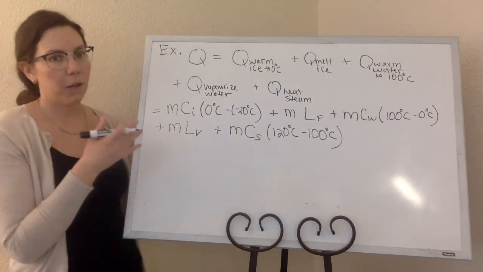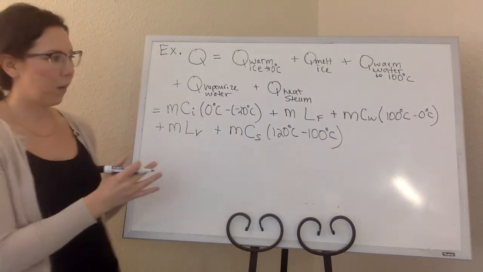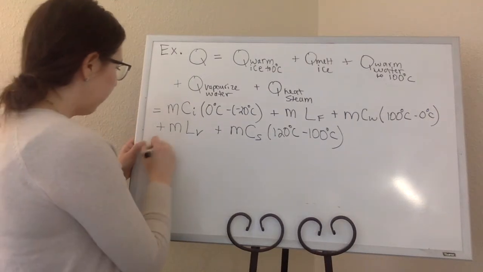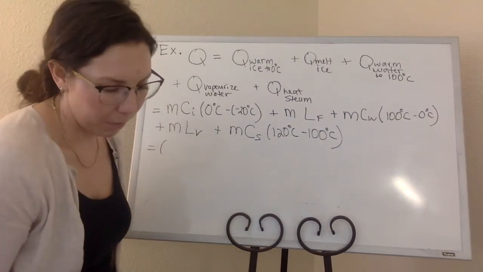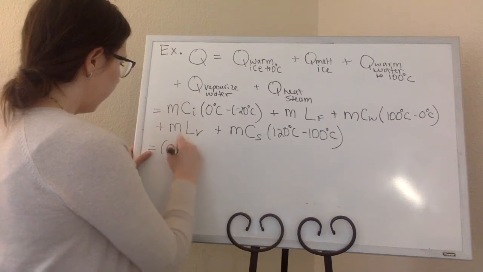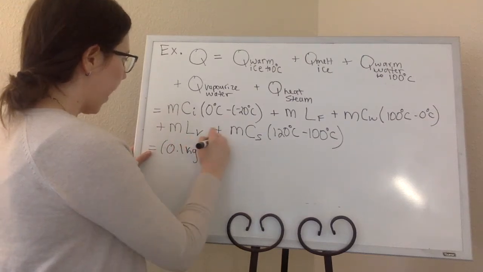But here we can do it all in one line, which works too, and just plug in all the numbers at once. Just to simplify, since the mass is always the same, I'm going to put that out front. So 0.1 kilograms for the mass.